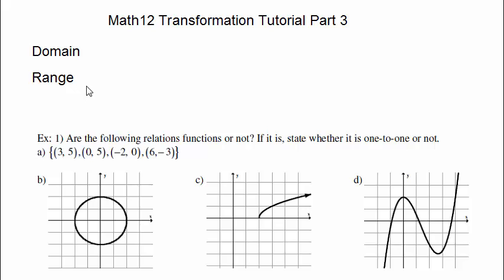Okay, what is domain? Domain is what x can be, what the input can be. Let's think about the machine example again. The microwave is the machine, the microwave is the function. You throw in cold food, it gives you hot food. That is a function. But you can only throw food in.